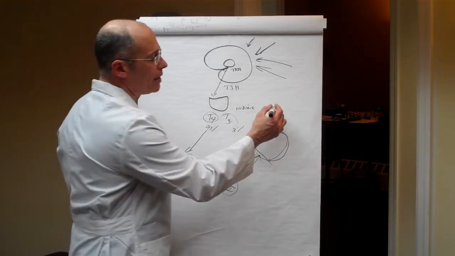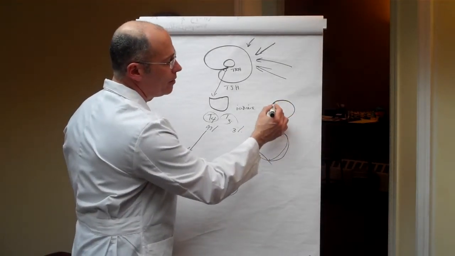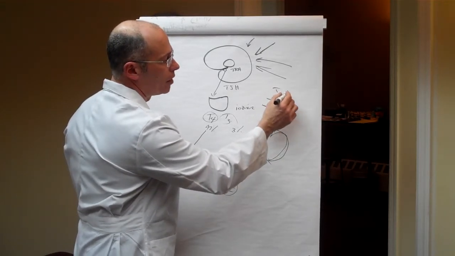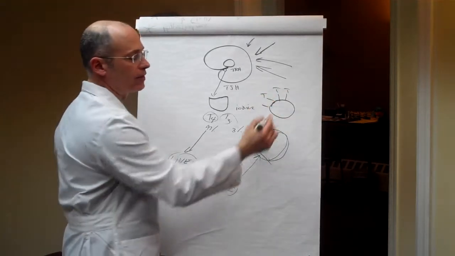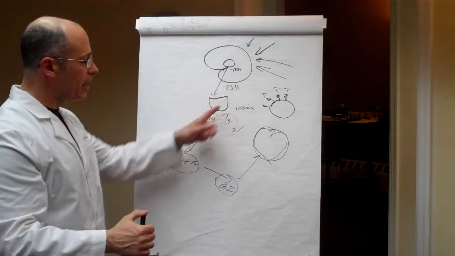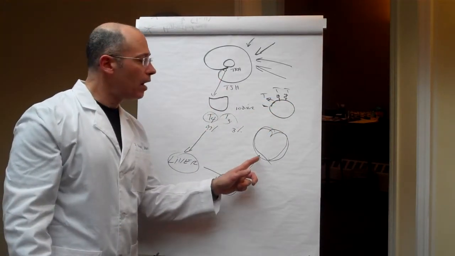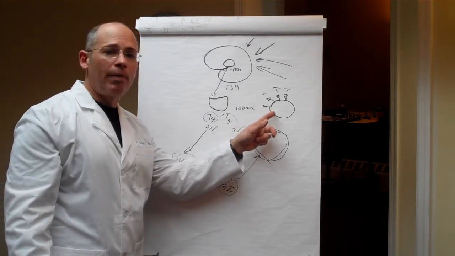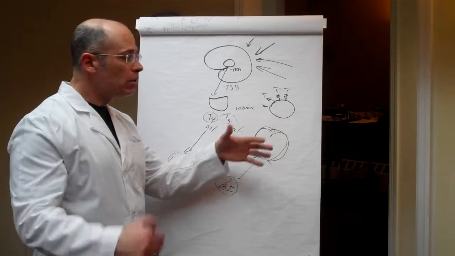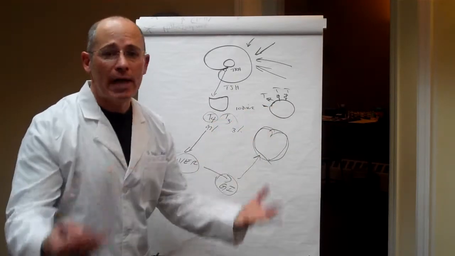And so if there is a problem with the receptors for thyroid hormone, if those receptors aren't working properly, even though all of these steps are working fine, the fact that it cannot bind to the receptors at the cell still makes the situation inactive.